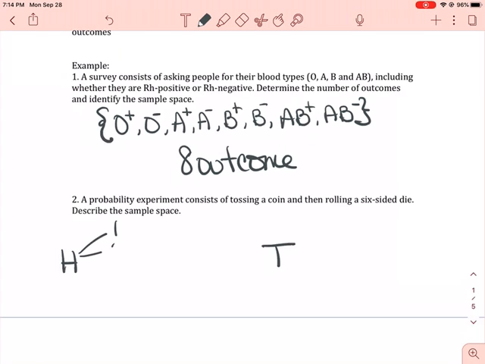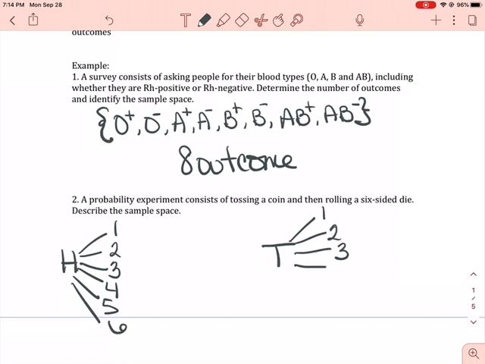Okay, so when I get a head, I can get a 1, 2, 3, 4, 5, or 6. When I get a tail, I could go 1, 2, 3, 4, 5, or 6. My tree diagrams aren't exactly looking like trees. Sorry. And so I can put them together and go, okay, I can get a head and a 1.